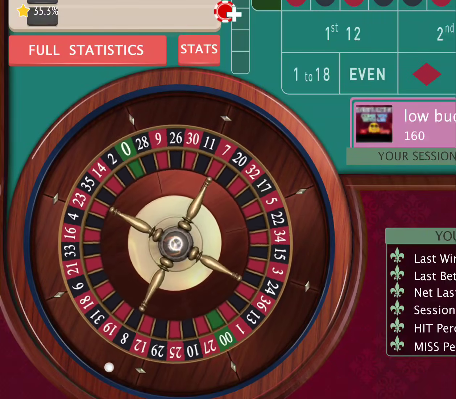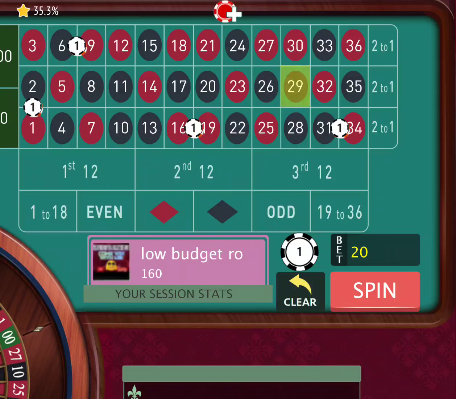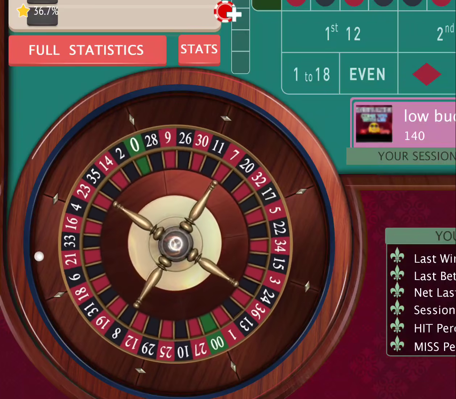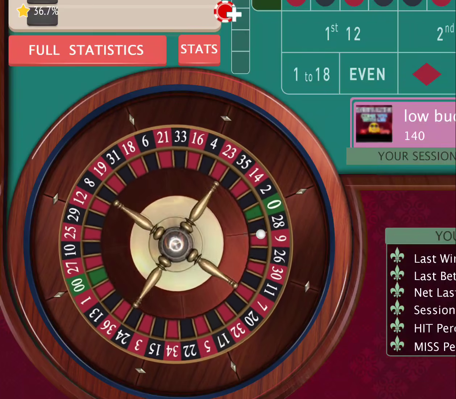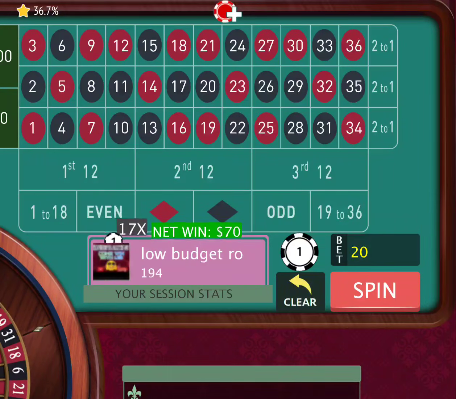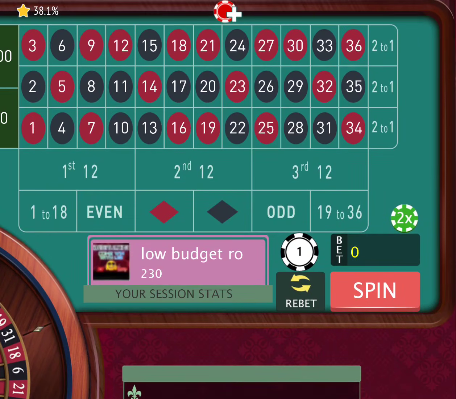Spin again. 29 for a second time. And spin again. There is a number 9 for another $70 return. And it looks like, folks, in the matter of 9 minutes, we made ourselves 70 bucks playing this the low budget way.